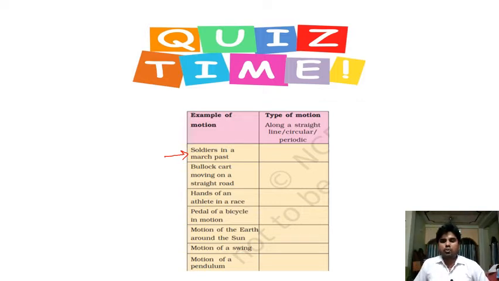You have to mention whether it is a straight line path, a circular path or a periodic path. So students, we have not studied periodic motion right now, but still we will see what is left, that will be periodic motion.